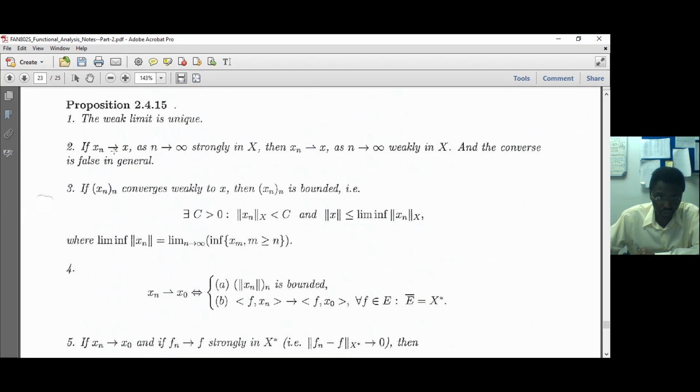If xn converges strongly to x, of course, you can see it from the arrow, then it will converge weakly. The converse is false in general. So that's what we already mentioned above. And another, if xn converges weakly to x, then xn is bounded. We know that is true for the strong topology, and it's also true for the weak topology. This is the meaning of the boundedness.